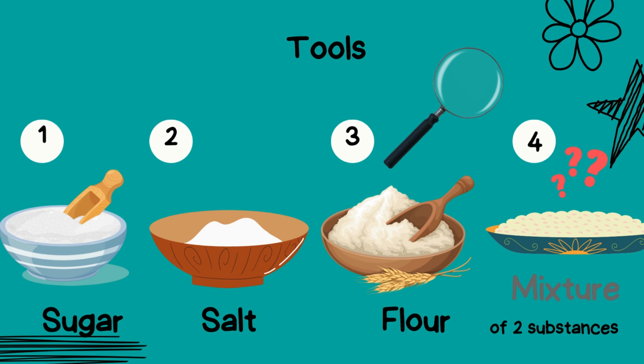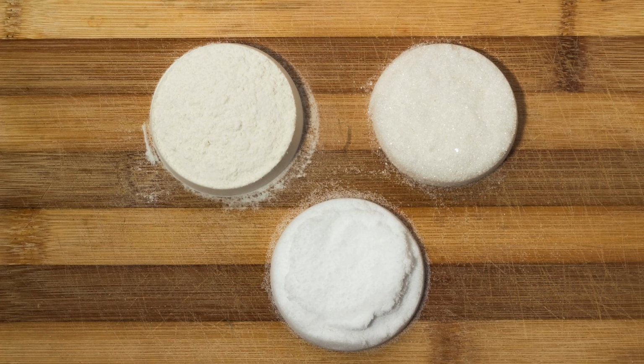Here we have the three substances. They look alike because all of them are white. So we can examine the 3 substances that we know and the mixture.